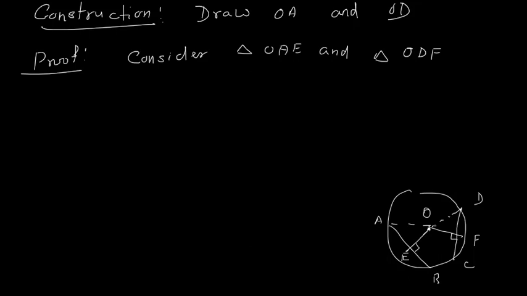So consider two triangles OAE and ODF. Now here in triangle OAE, again this is a right angle triangle. Okay, so you can say that angle OEA is equal to angle OFD, each 90 degrees.